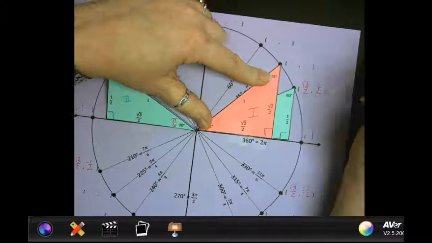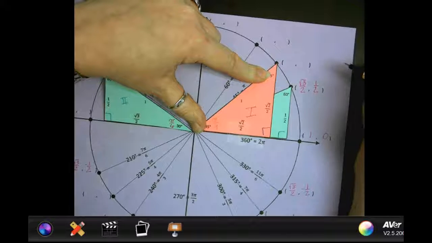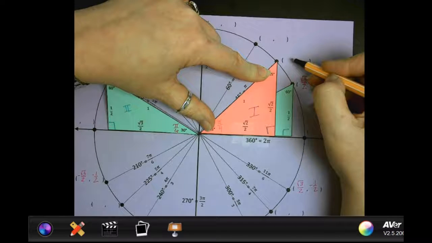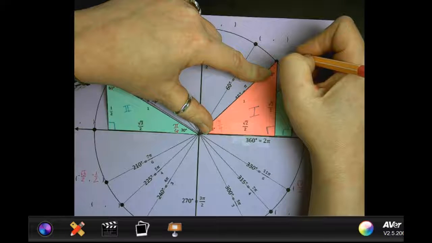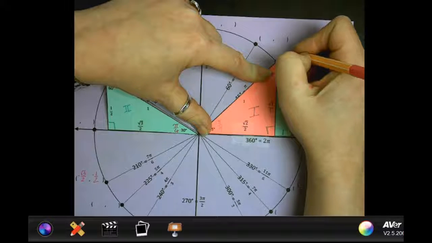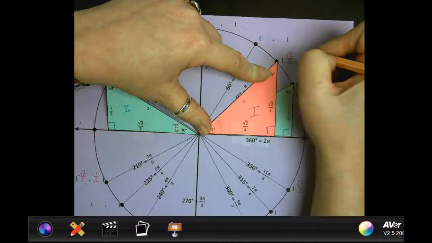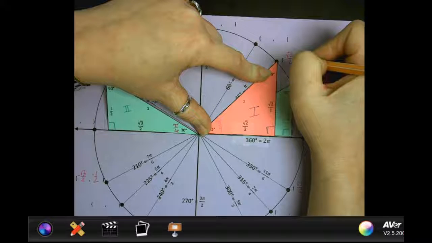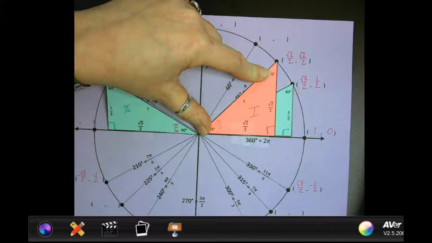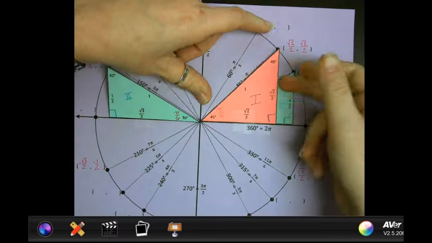Knowing all that, the x value here, 45 degrees or pi fourths, what's the x value? Square root of 2 over 2. It's the angles that have the pi's in them, and then the ordered pairs have the square root.